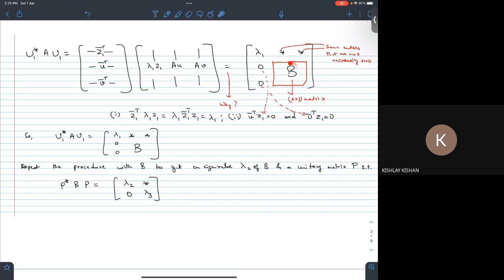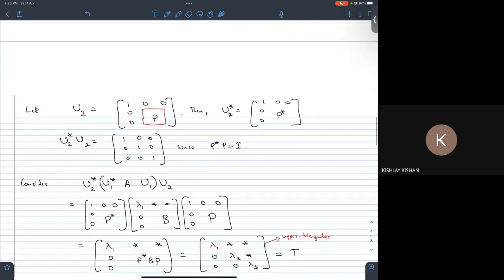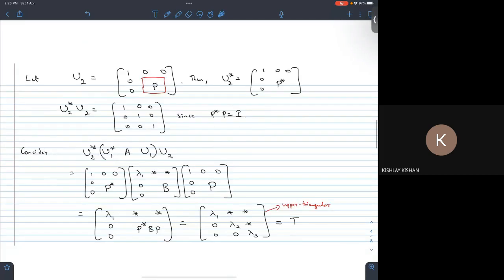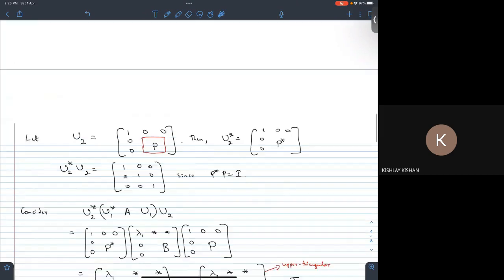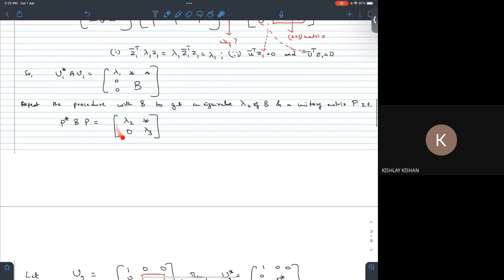In the 2 cross 2 space, I do something, and then now you need to combine everything. Imagine you combine everything like this, and you get a form like this. I got this P matrix, which is unitary, and which is of a smaller size.